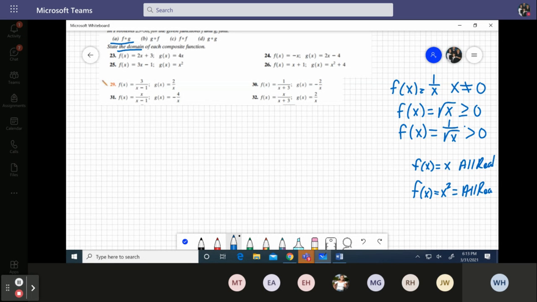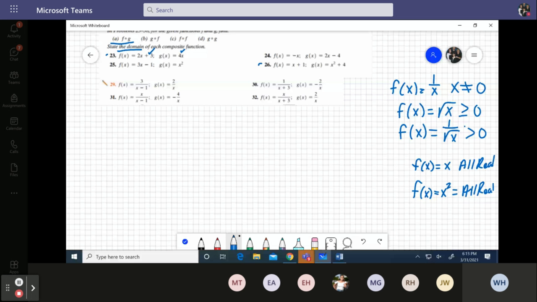So for the first part, for 23 through 26, I'm going to talk about what the composite function is. But if you notice, those are both linear, right? If the two functions separate are both all real, then the composite function together is going to be all real, right?